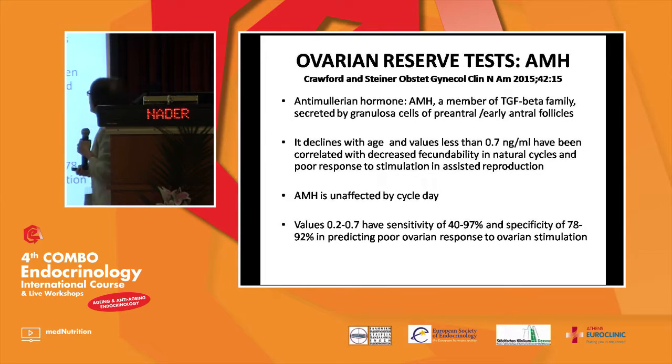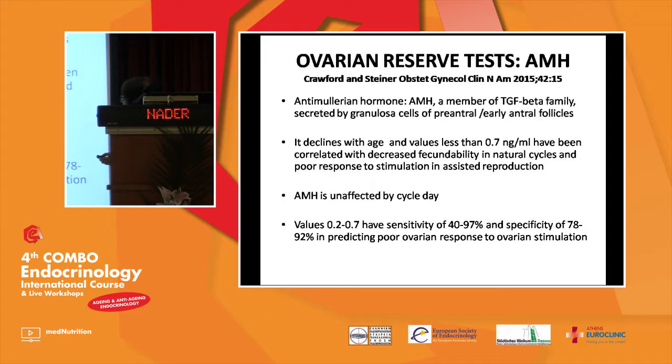So, over the last decade, anti-Müllerian hormone has become a very important test of ovarian reserve. AMH is a member of the TGF-beta family secreted by the granulosa cells of the preantral and early antral follicles.